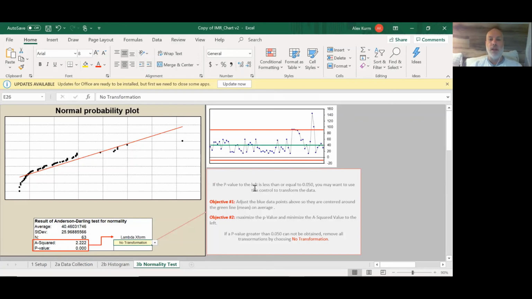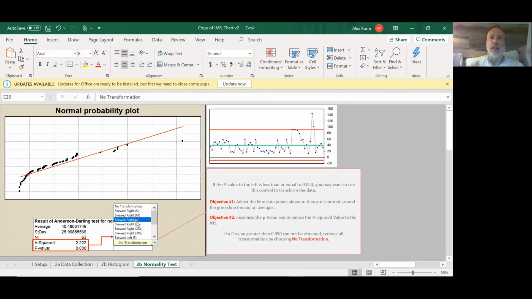If the p-value to the left is less than or equal to 0.05, you may want to use this control to transform the data. Now, I'm not going to go through and transform the data, but the tool allows you to try a few different types of distributions to make the data normal, so that eventually you can do some analysis.